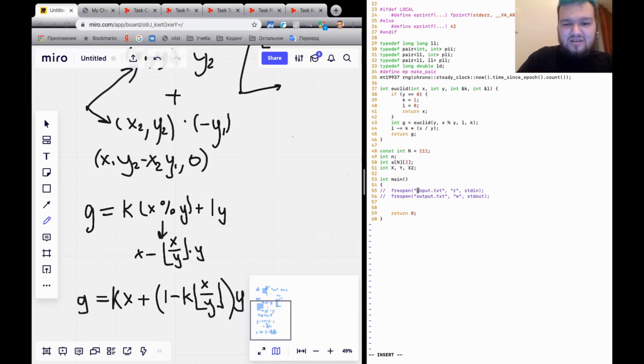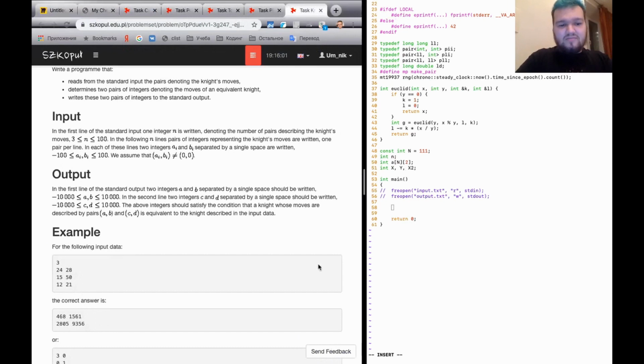But first we should set x2 to some not very long horizontal move, such that if this x becomes really big, we can just take modulo x2 and it will be fine. So we have moves.